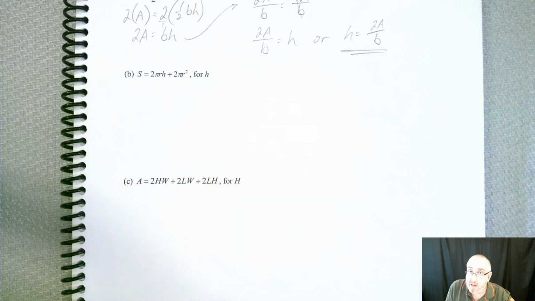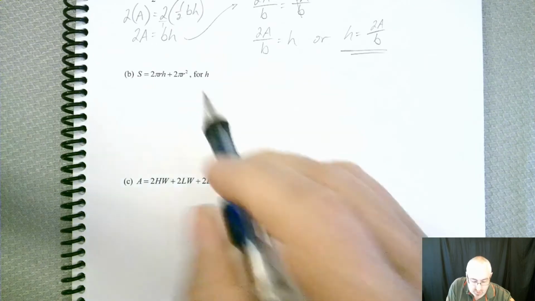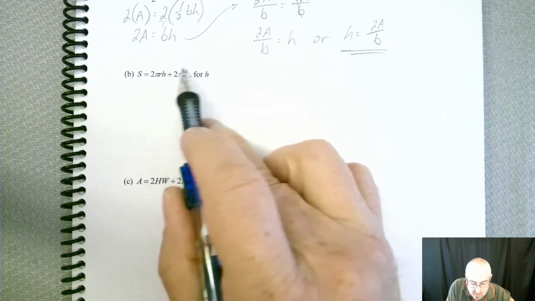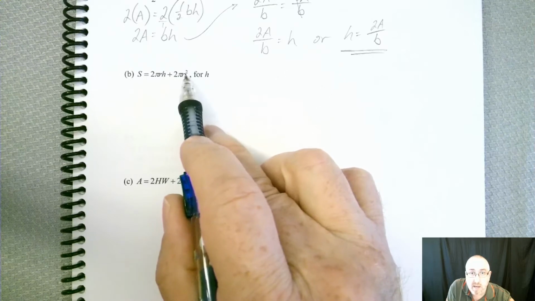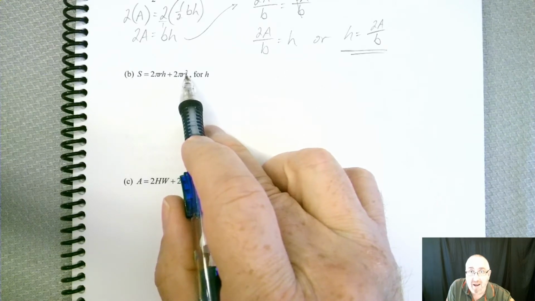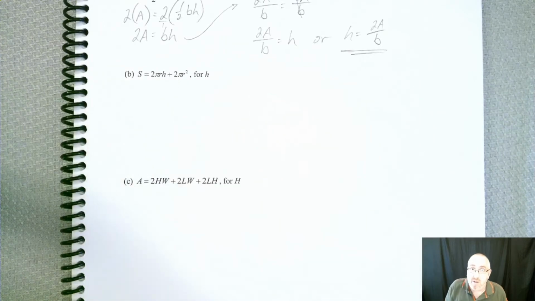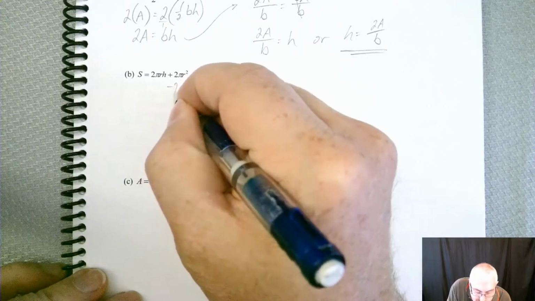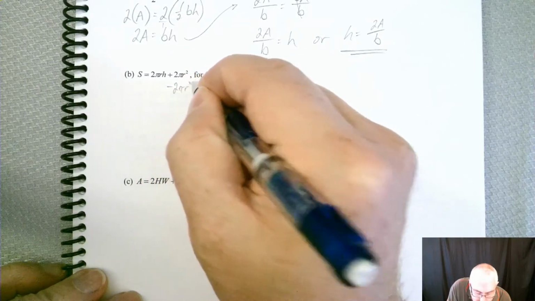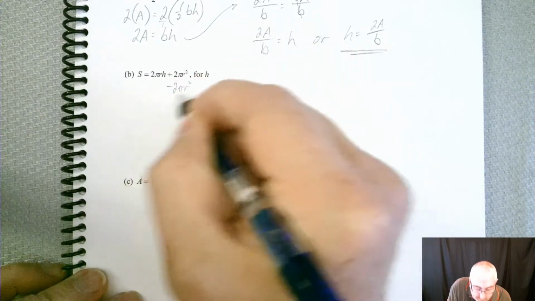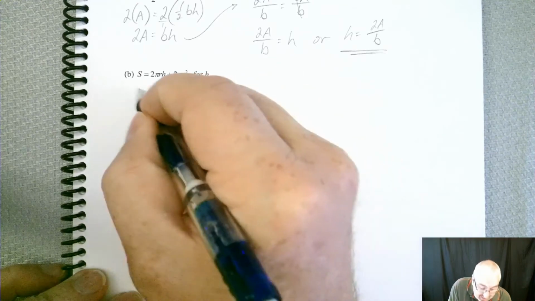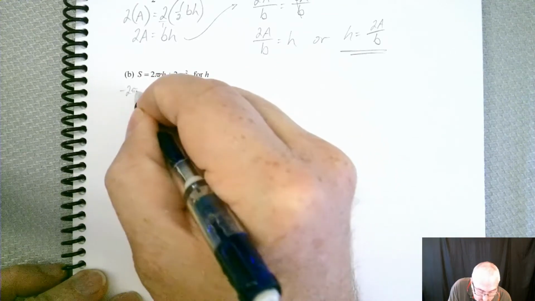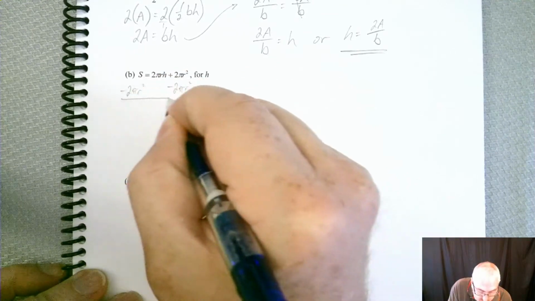But if we think back to the other problems, we got rid of stuff that was added and subtracted first. This whole thing here, this 2 pi r to the second power, is added on. There's no h in it. So let's get rid of it by moving it to the other side, the whole thing. If we subtract 2 pi r to the second power on the right-hand side and the same thing on the left, that's a legal maneuver.